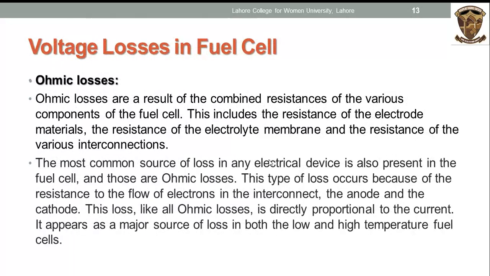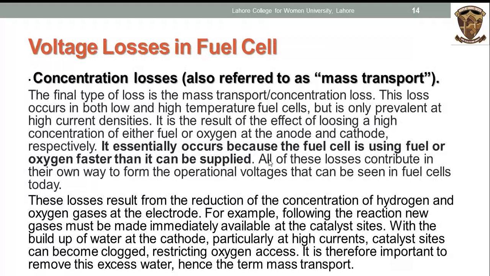Now, next is the concentration losses, also referred to as mass transport loss. The final type of loss is the mass transport or concentration loss. This loss occurs in both low and high temperature fuel cells, but is only prevalent at high current densities.